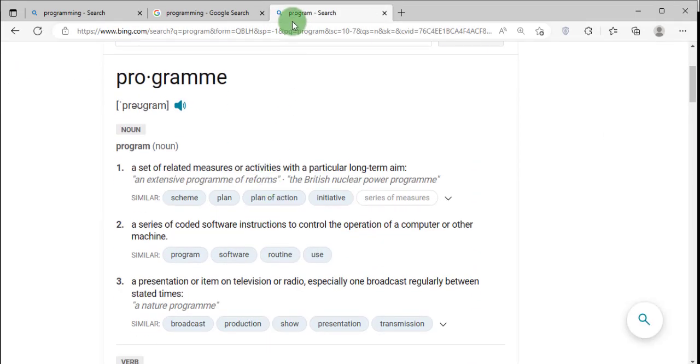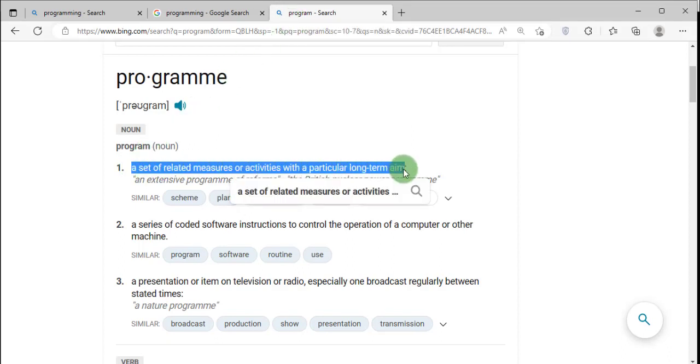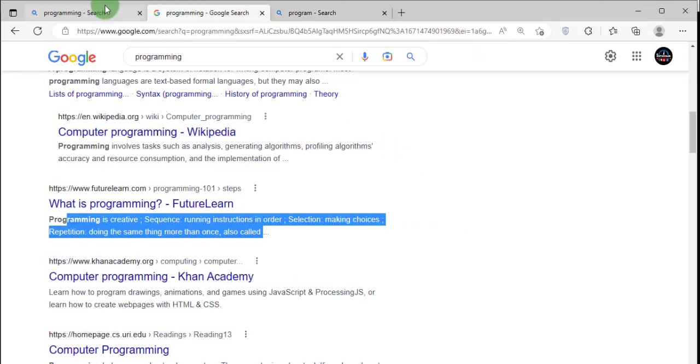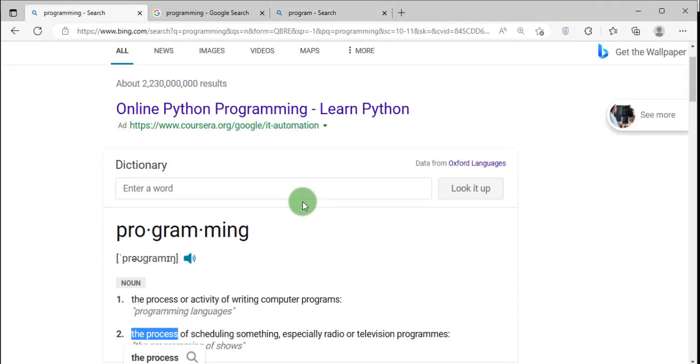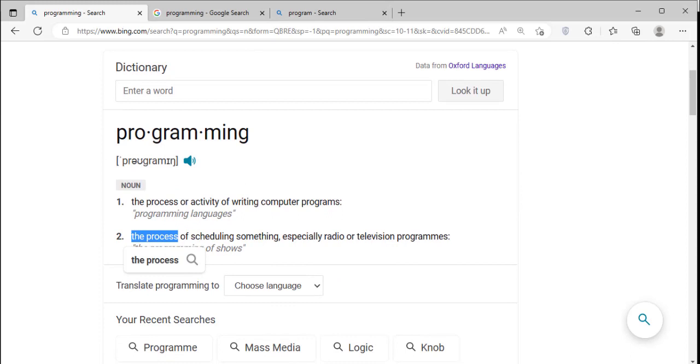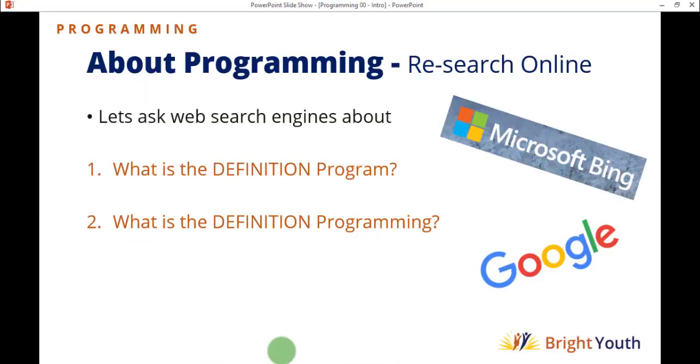I've just opened another tab because I need this first definition of program. We will come back and forth in these tabs to review what we have got so far and how we can understand program and programming more and more.